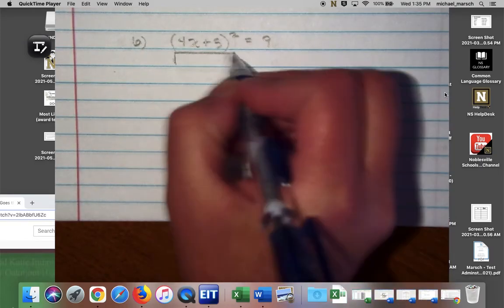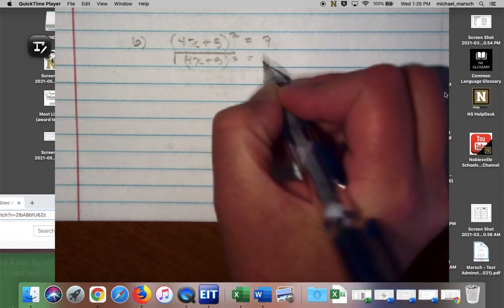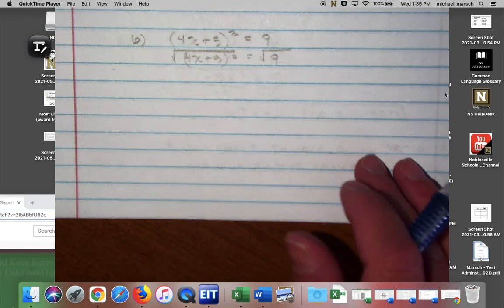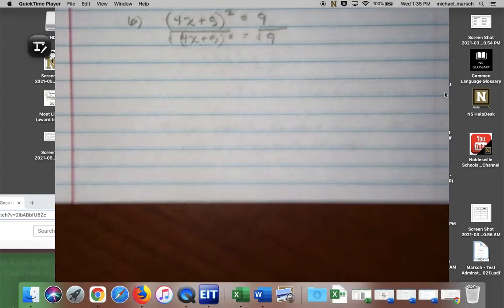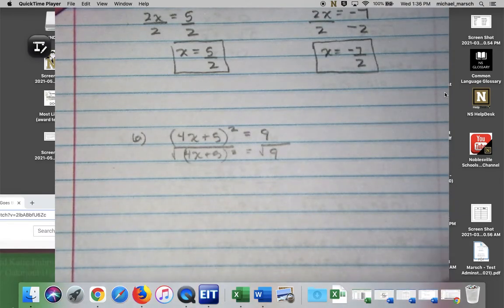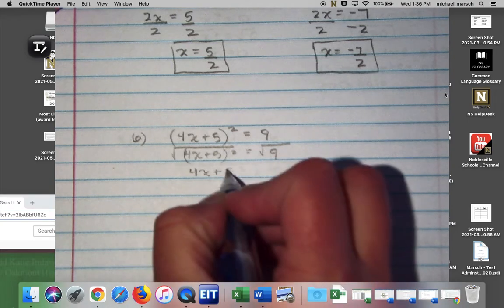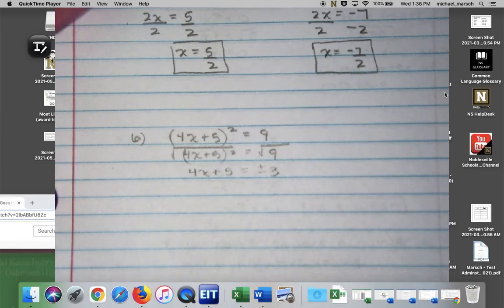So I'm going to do the square root of 4x plus 5 squared equals the square root of 9. Okay. What's going to be on my next line? 4x plus 5 equals plus or minus 3. Yep. Good.